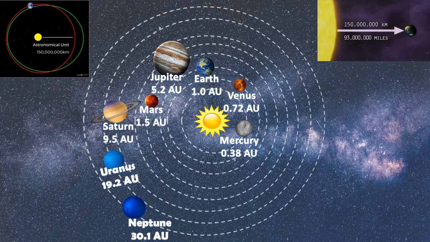And Uranus, the seventh planet, is at a distance of 19.2 astronomical unit from the Sun. The last and farthest planet from the Sun is Neptune. Neptune's distance is 30.1 astronomical unit from the Sun.